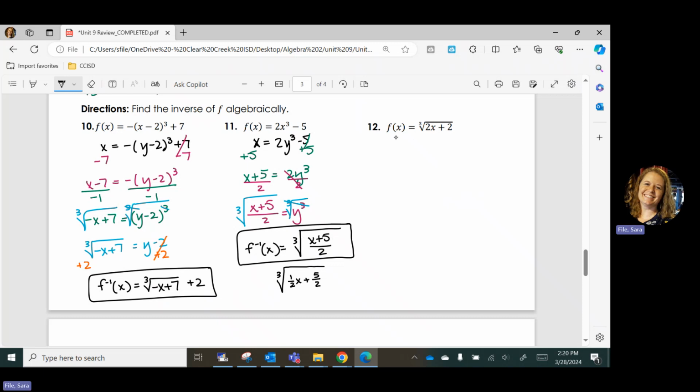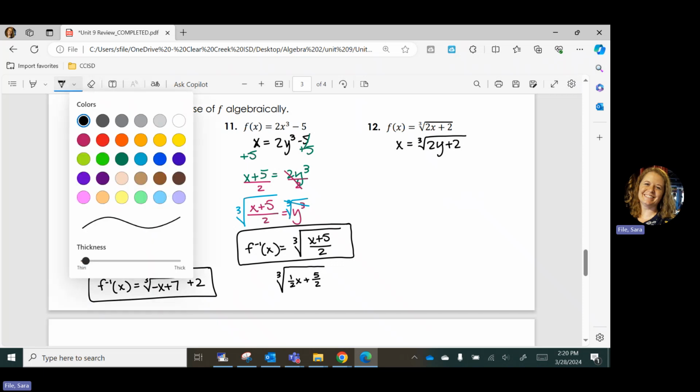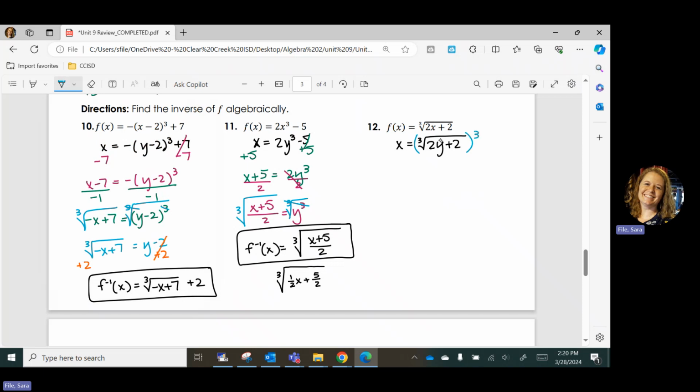All right, here, switch x and y. Remember, we're replacing f of x with y. That is our y. Now we're ready to solve for y, and there's nothing outside the function to move. We're ready to cube, to get rid of that cube root.